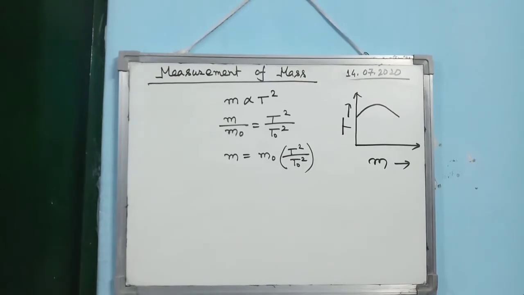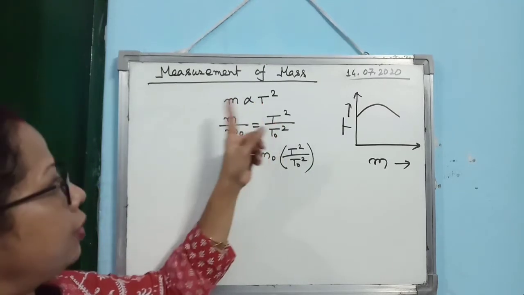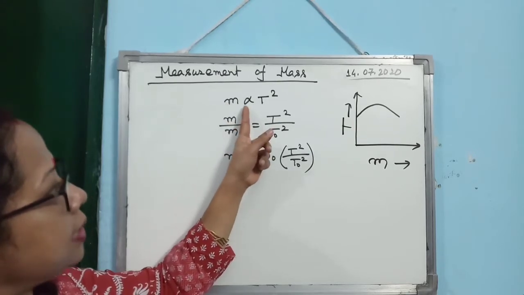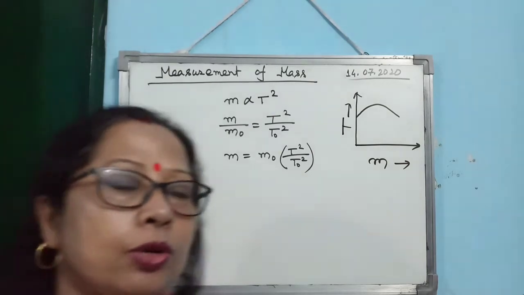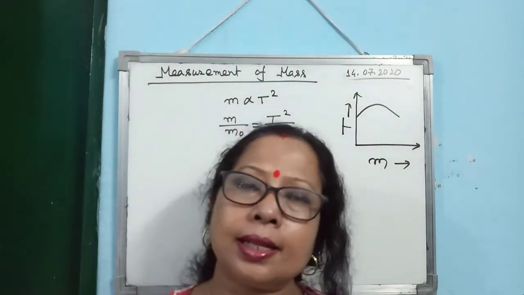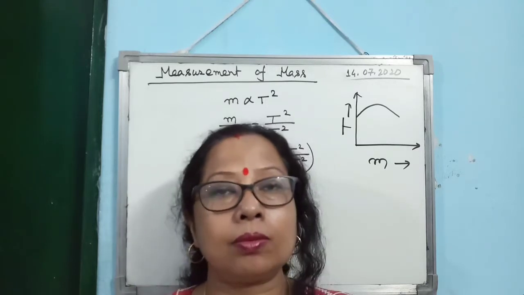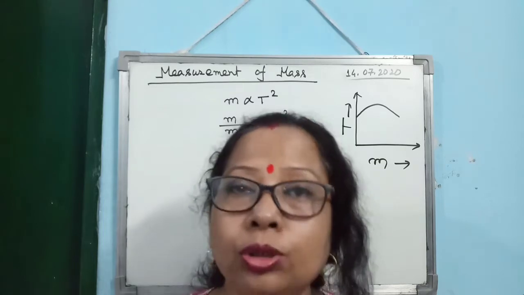Now how to measure the mass then? It has been found that the mass of the pan and the body is directly proportional to the square of the time period. So here, just like the previous one, we take one standard mass, meaning a body whose mass is known to you.